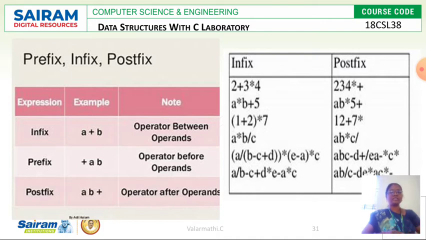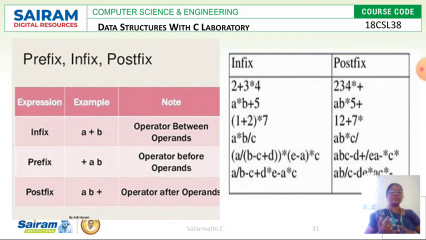Here operators are placed after operands. So these are the three different types of expressions in data structures. Then the right side diagram shows how an infix operation is converted to postfix.